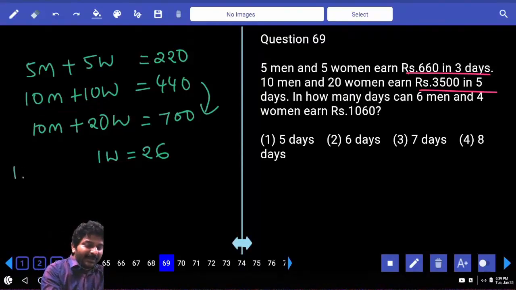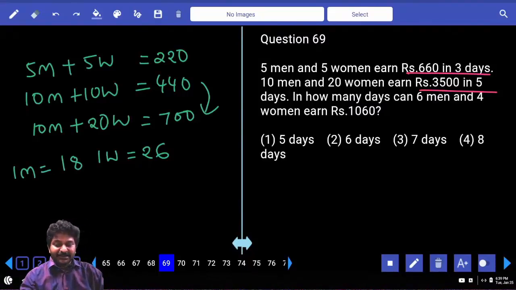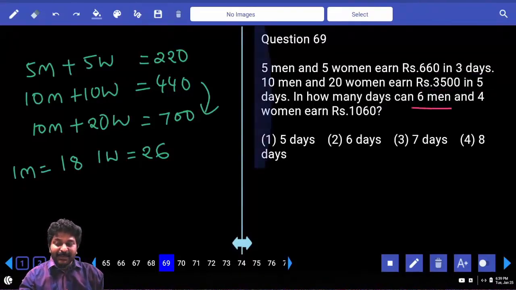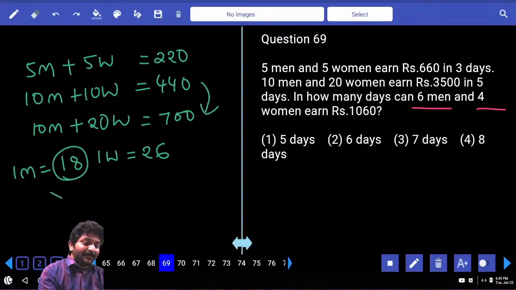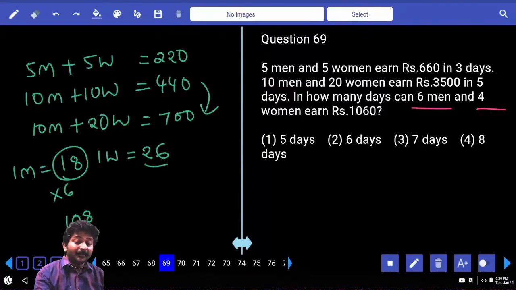From that, 1 man is equal to 44 minus 26, which is equal to 18. Now your question is to identify in how many days 6 men and 4 women earn 1060. How many men are there? This number into 6, how much is that? 108. How many women are there?